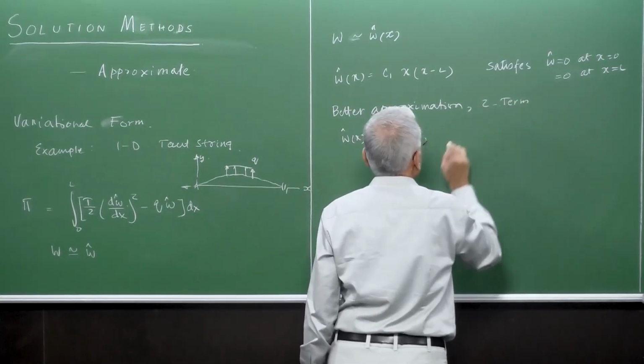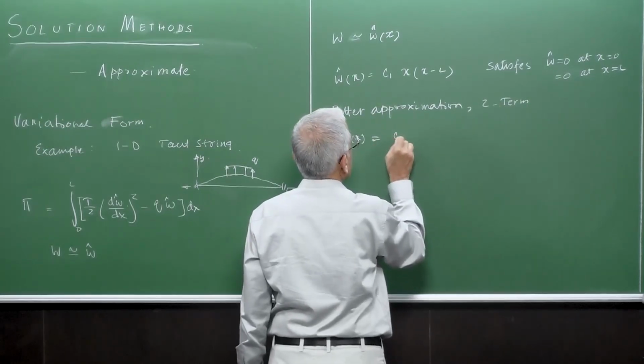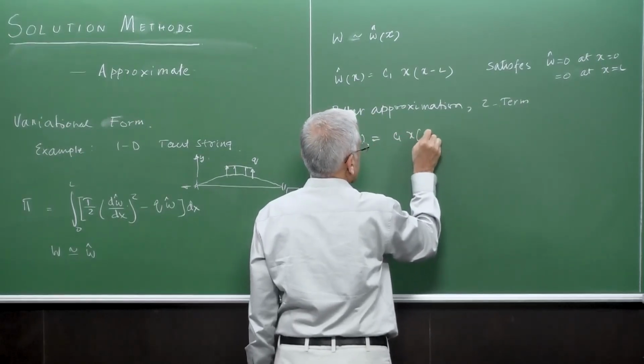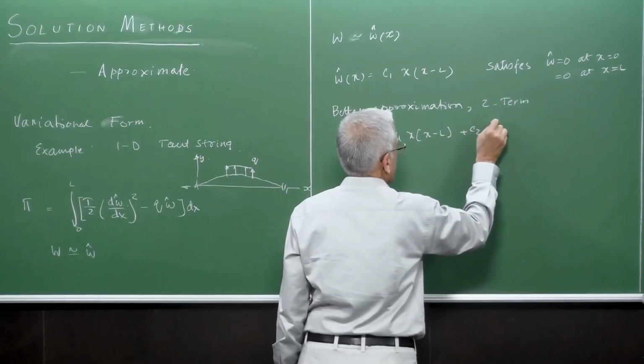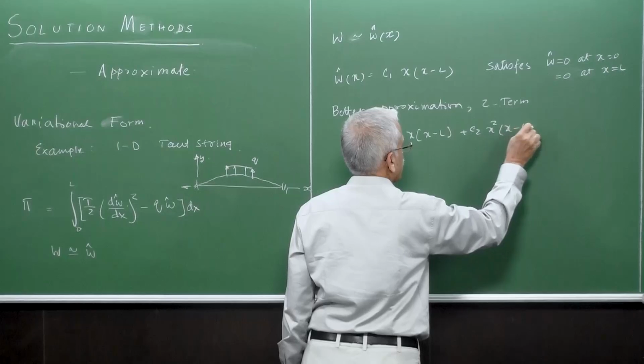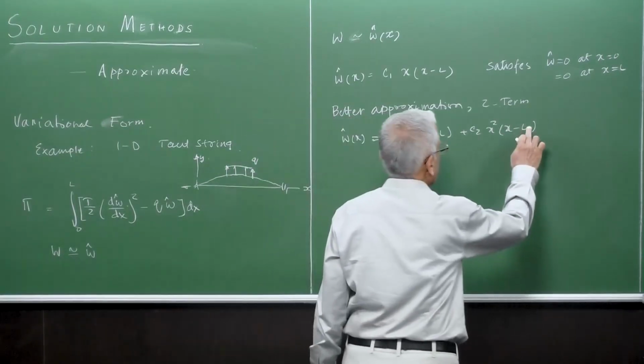a two-term solution, assuming like this one, C1 x (x minus L), as well as one more term, C2 x square into (x minus L).